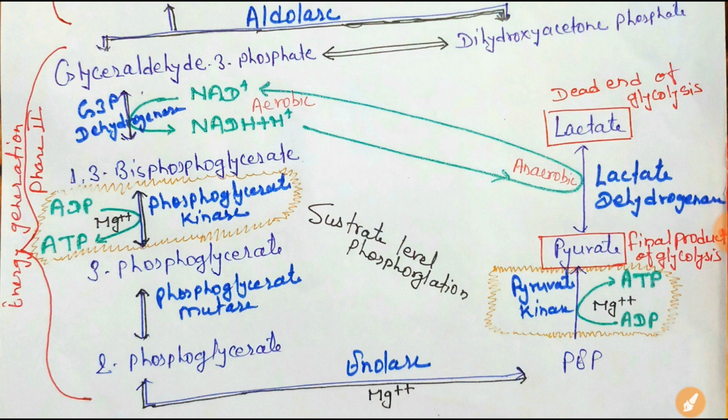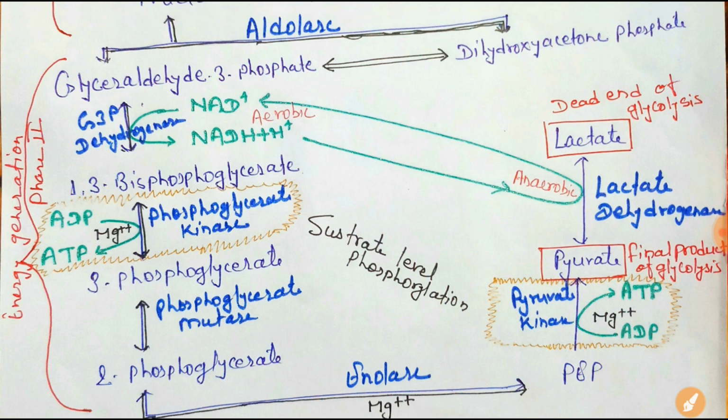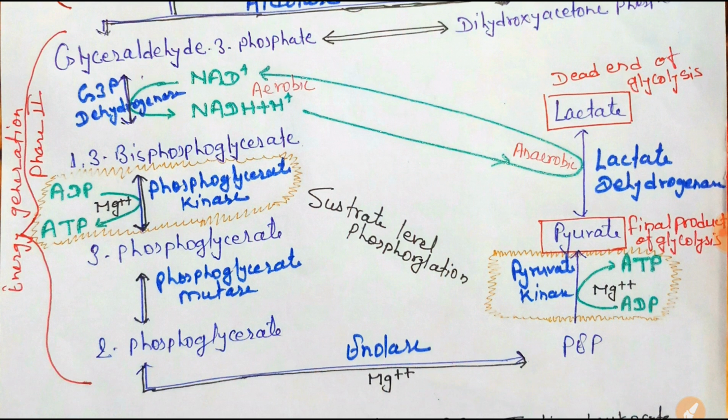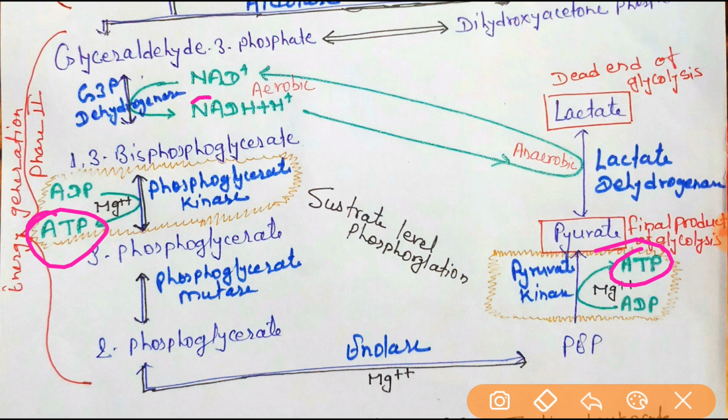After fructose 1,6 bisphosphate to pyruvate or lactate, there is formation of ATP and NADH plus H plus. That means energy generation.